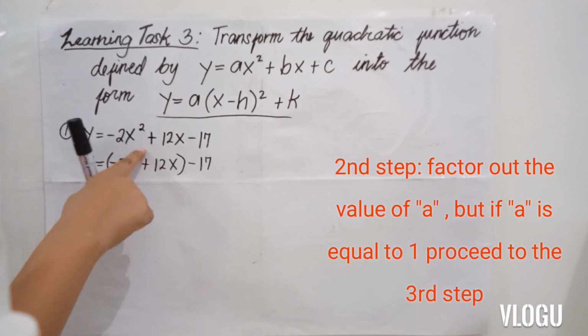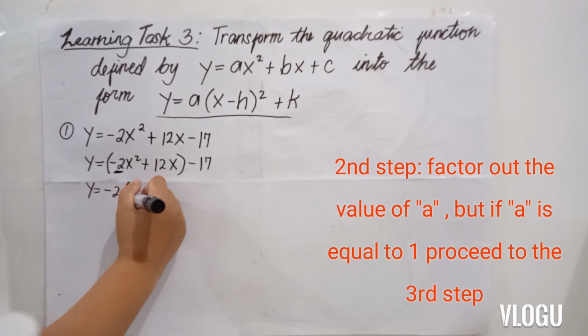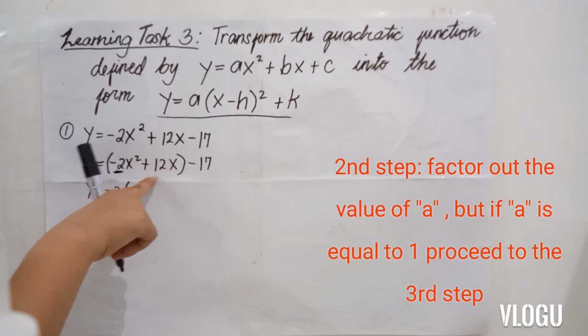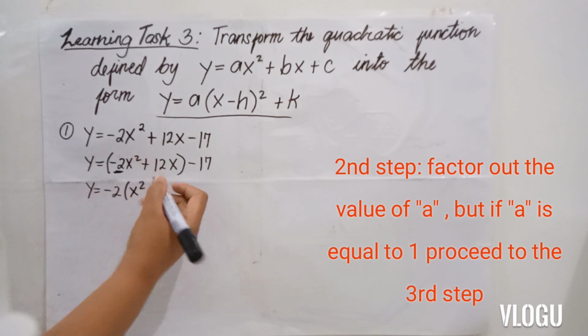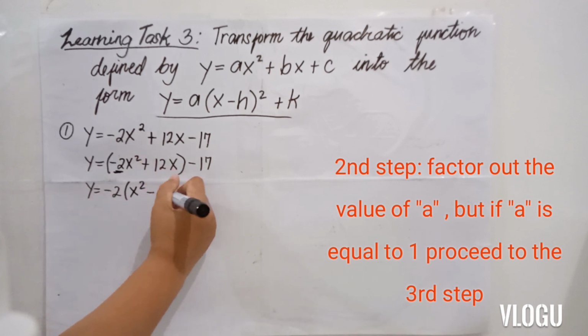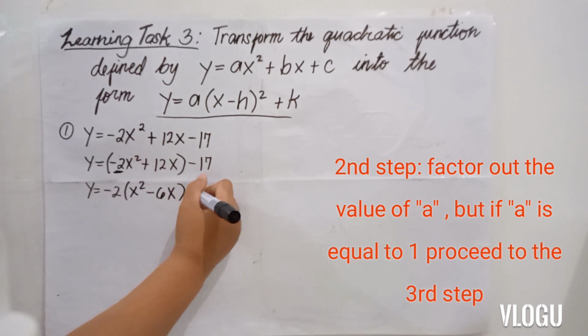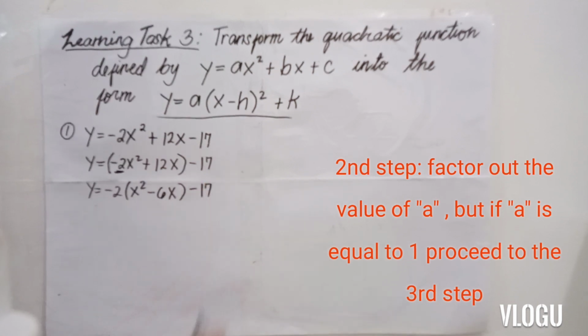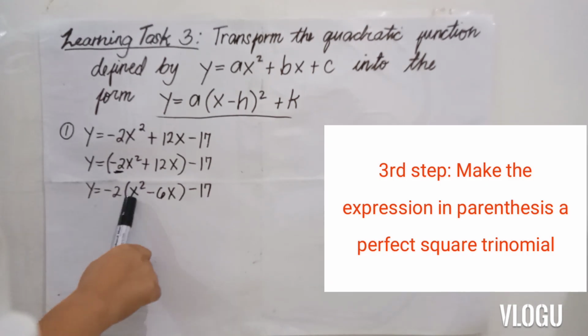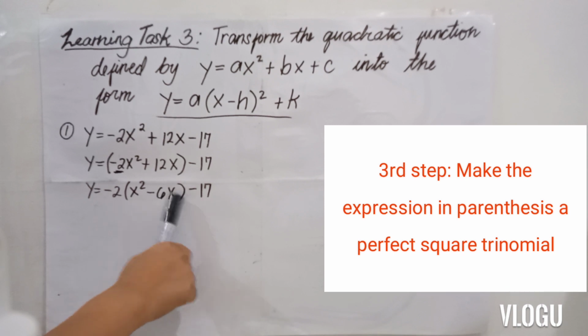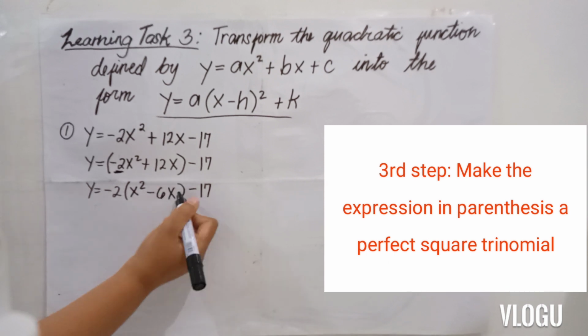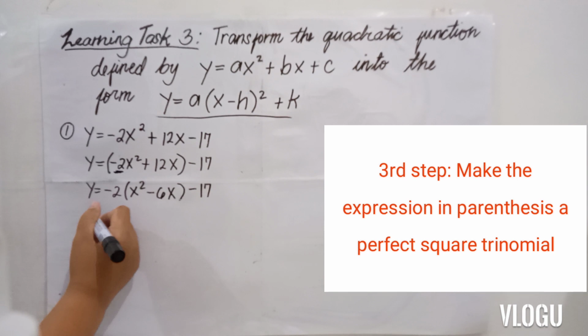Then, negative 2x squared divided by negative 2 is equal to x squared. Then, positive 12x divided by negative 2 is equal to negative 6x. Then, minus 17. So, we need to make this as a perfect square. Kailangan mahanap natin yung constant nito na ilalagay natin para maging perfect square siya.